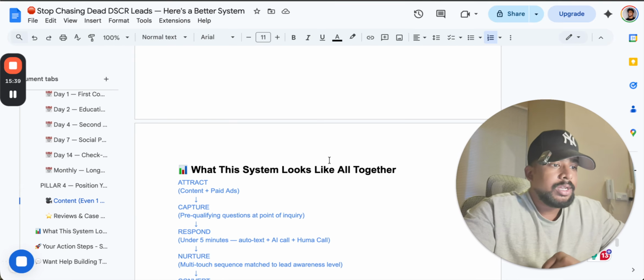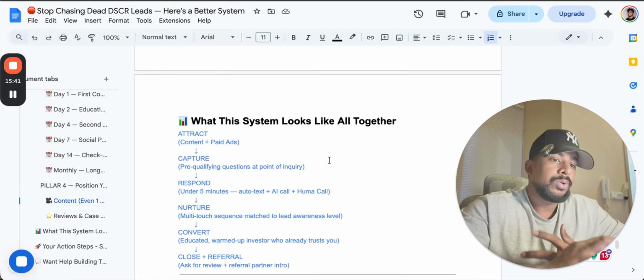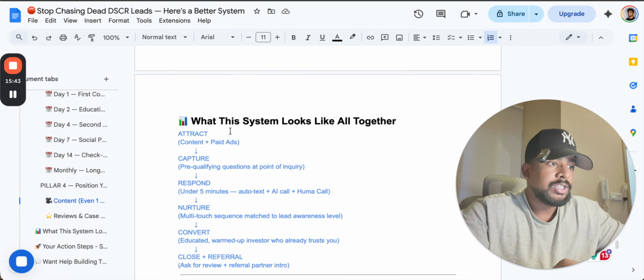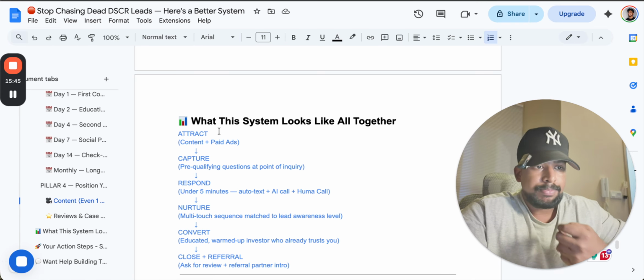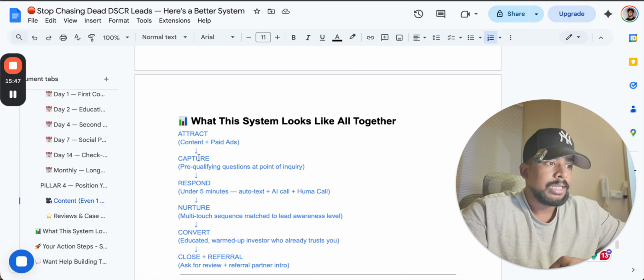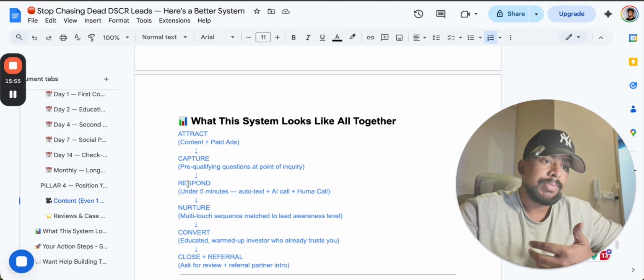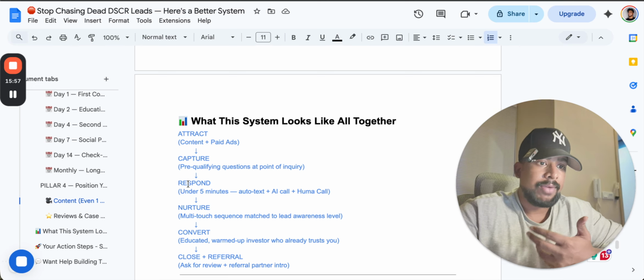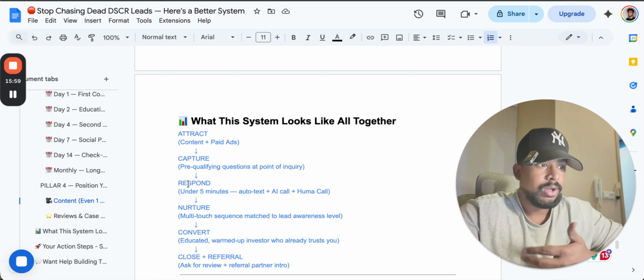Now, what does the system look like altogether? How do you summarize this whole thing right now? First of all, attract with content and paid ads, depending on where you're at, capturing, having pre-qualifying landing pages and questionnaires in place, respond and follow up under 5 minutes. You can use a sequence-based CRM where you can have the email, text, and follow-up going on with voicemail.